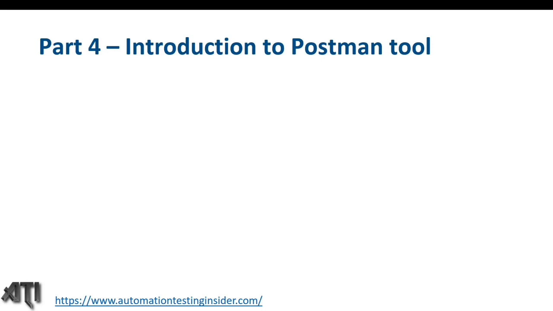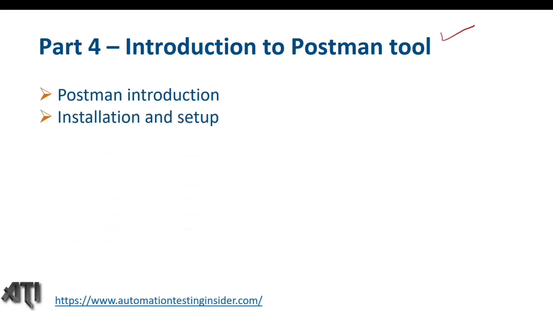So this is the fourth part of the API testing series, and today we are going to talk about the Postman tool. So let's have a look at the agenda for today. We are going to talk about Postman introduction, and we'll see some of the features of the Postman tool. And I'll show you how we can download, install and set up the Postman tool. Later on, we'll talk about different sections inside the Postman tool, the tool walkthrough.